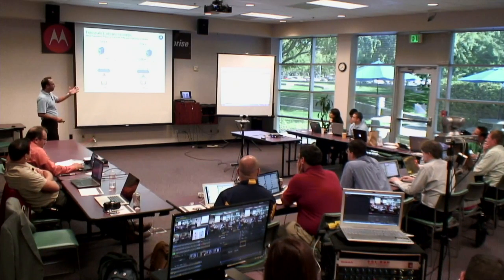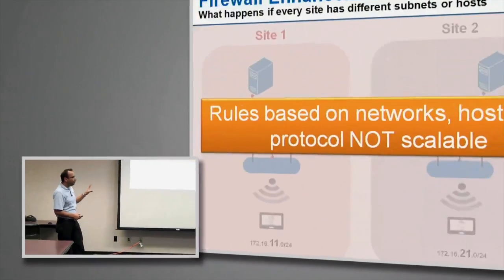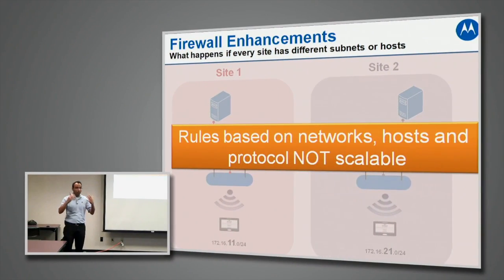And if I had to create rules for this, I would have to create 2 separate rule sets based on how it's done today. So it's a huge scalability problem, because now you're just going to be adding multiple rules again and again, even though the rule might be the same. For example, you want to block HTTP traffic across the board, but you want to only block it on certain networks and between certain devices. Because of this network issue, you would have to replicate that same rule multiple times.